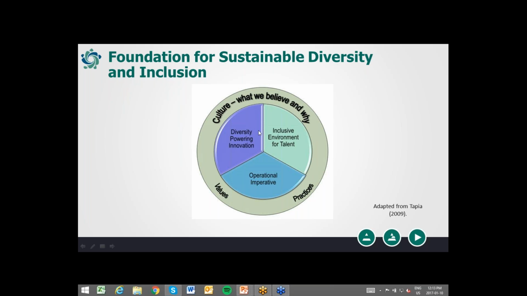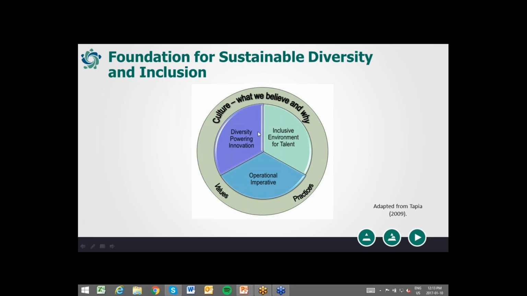So I use this framework when I work with clients to really get clear about where you need to focus, and the idea that it's only sustainable diversity and inclusion that will create this strong dividend, that will give you the results, as opposed to the part I talked about earlier where it's kind of sporadic.